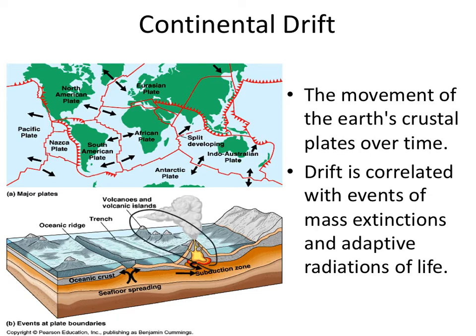We see formations of ridges, which is basically like a trench or like a big valley. We also see that entire continents are pushed together or pushed apart. So continental drift allows allopatric speciation to occur because geographic locations are constantly changing.